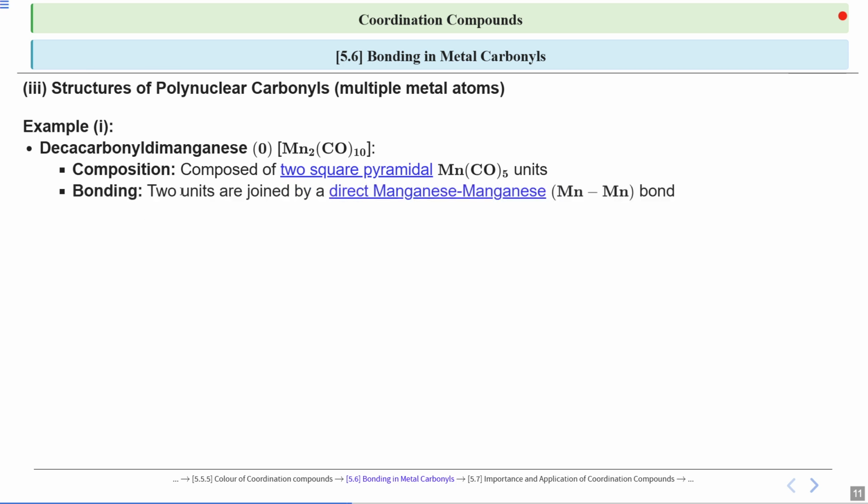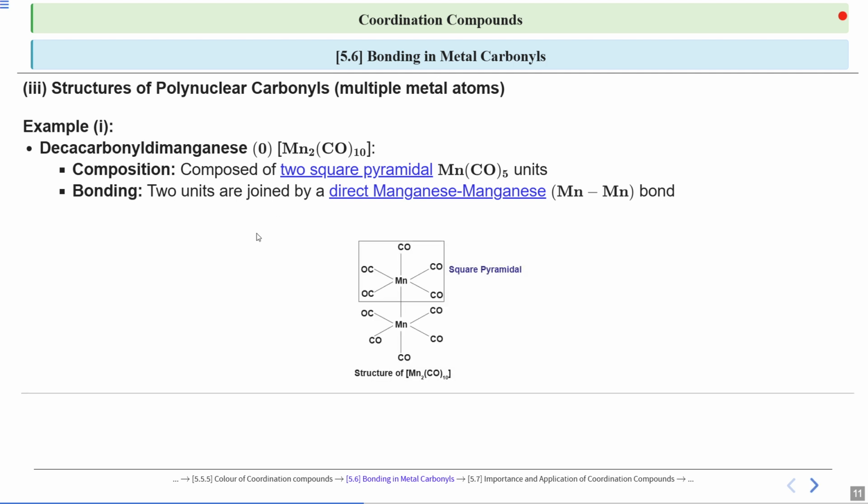How is the bonding? The 2 units are joined by a direct manganese-manganese bond. So these 2 square pyramidal units are joined through the manganese, Mn-Mn bond is there. You can see the diagram for this particular polynuclear carbonyl, where 2 manganese atoms are joined together, each the central metal of its own unit, right?